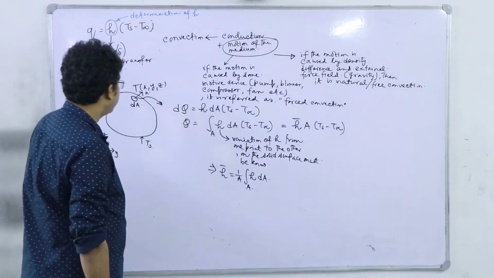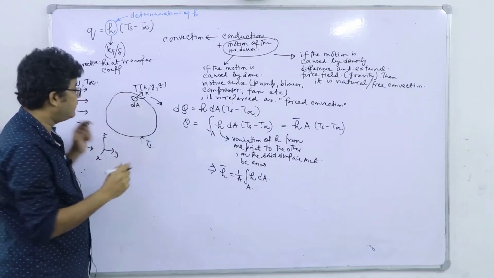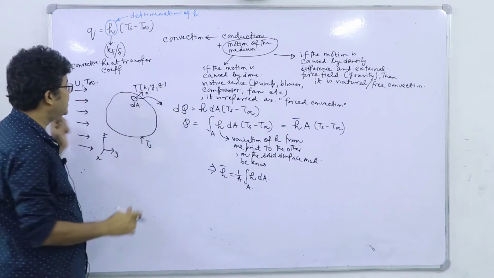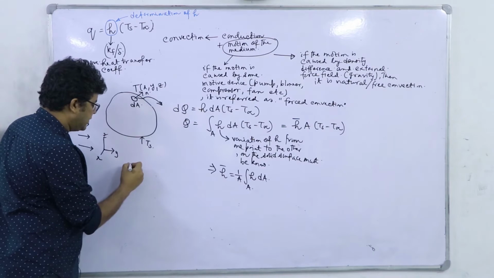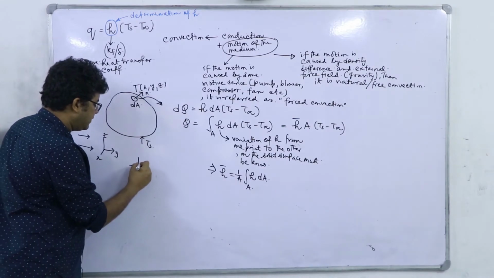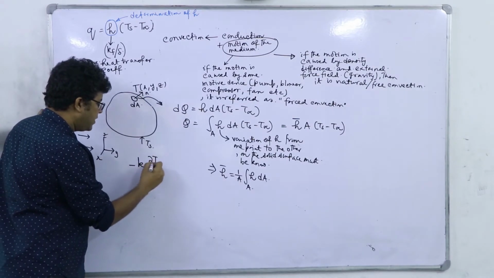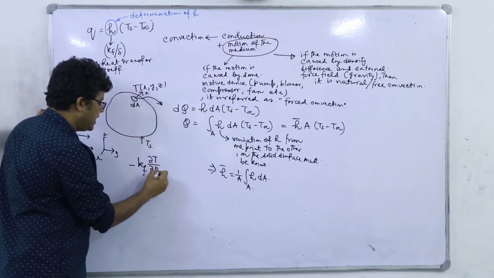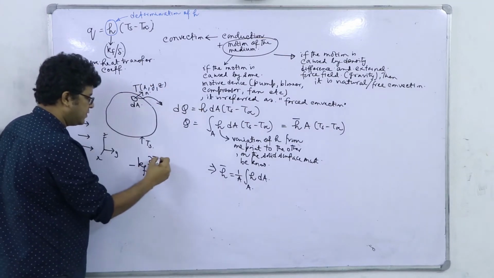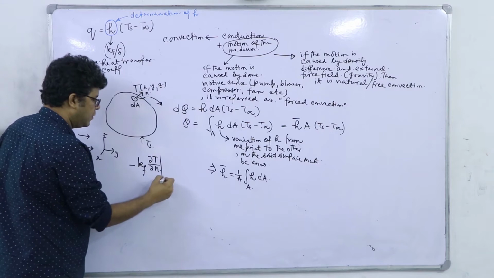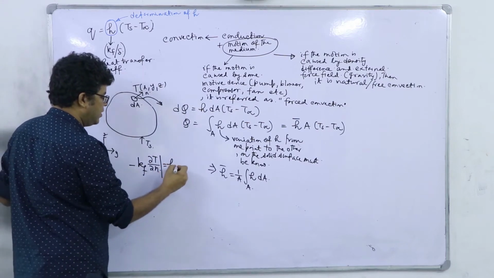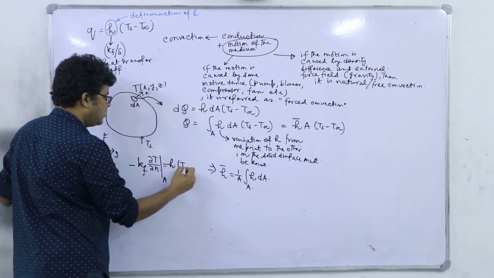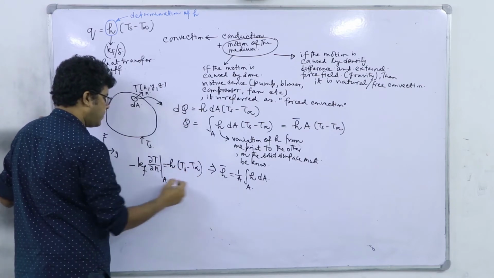How can we solve for H? If I know the temperature field of this fluid, then we can write that minus Kf del T del n, where n is this normal direction, at this area A must be equal to H into Ts minus T infinity.